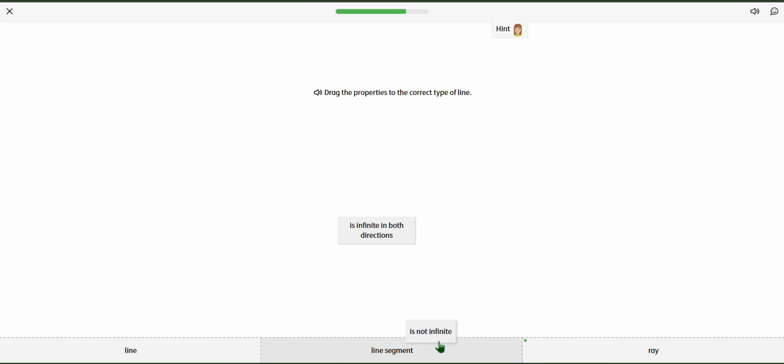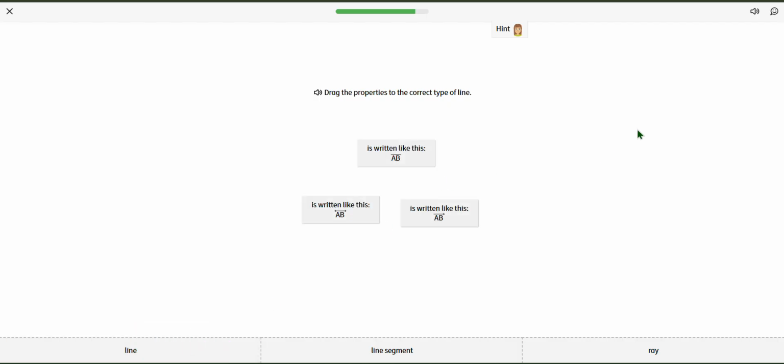Not infinite is a line segment. Infinite in both directions is a line. So it is written like just this. The bar over it is a line segment. Both arrows is a line, and just one arrow is a ray.